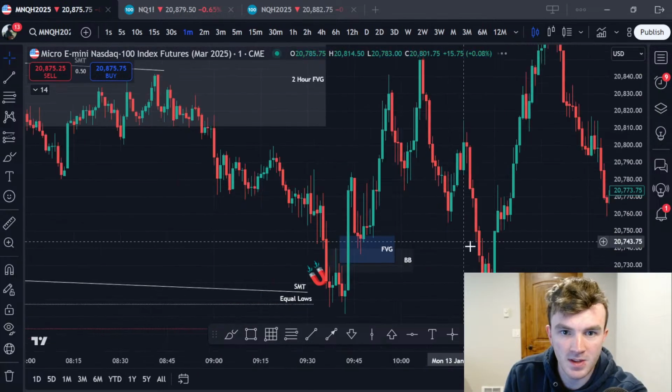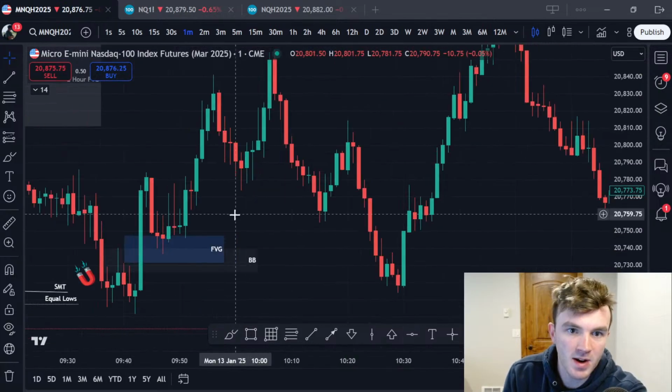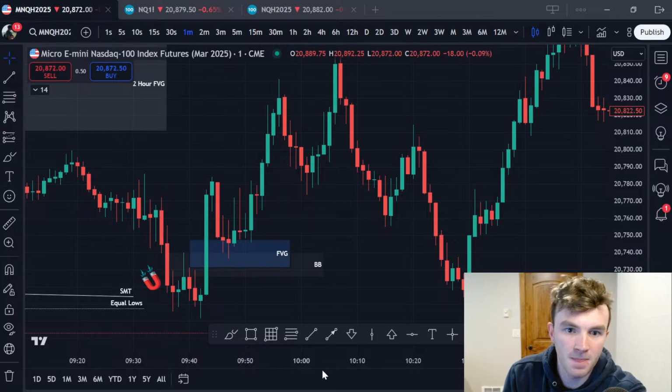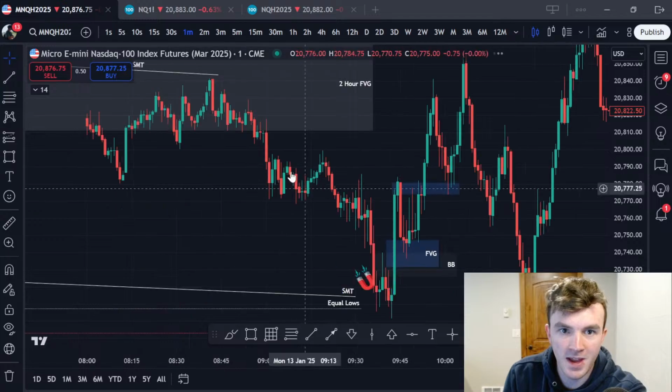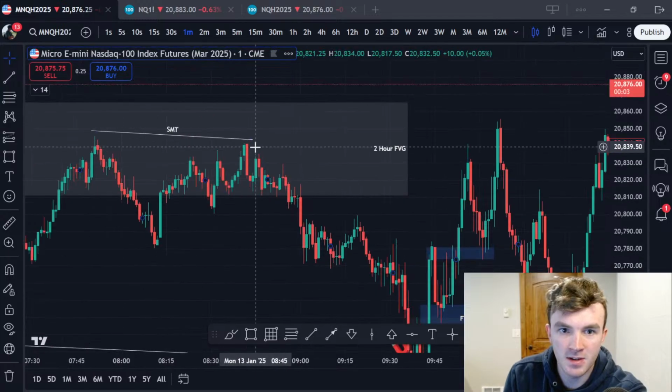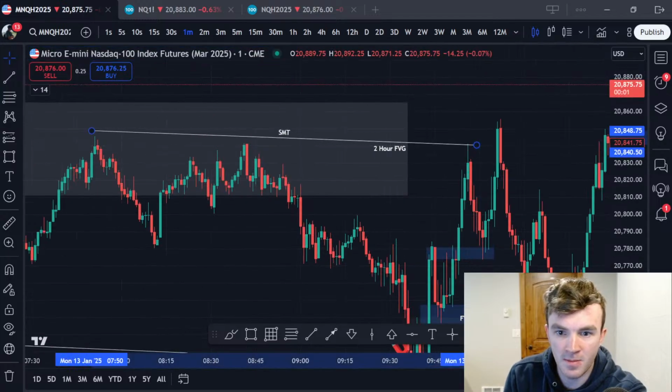Okay, it was this. We had a breaker block right here, we had a fair value gap here, and we really had not taken out all this liquidity. There was still more above us.